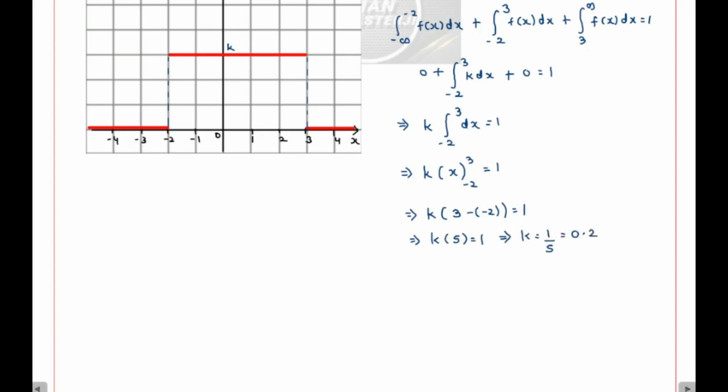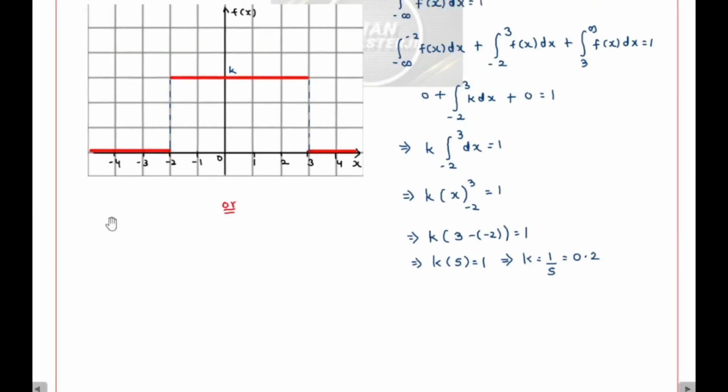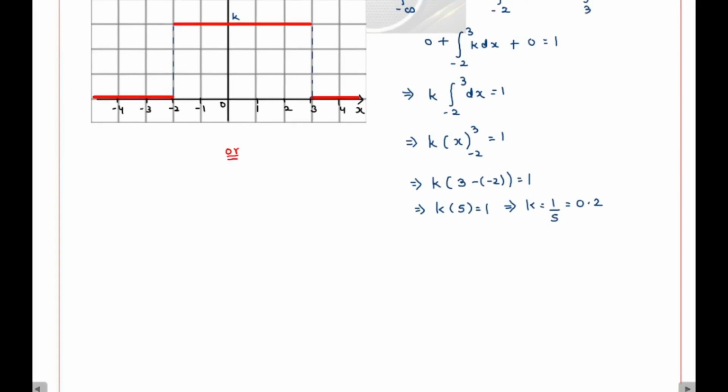Correct? We can find out this value of k using the definition also. What is the definition of probability density function of x? That the area under the graph has to be equal to 1, correct? So if it is equal to 1, I can use the geometry here. This represents a rectangle, correct? The length of the rectangle is nothing but 5, and the width of the rectangle is k.